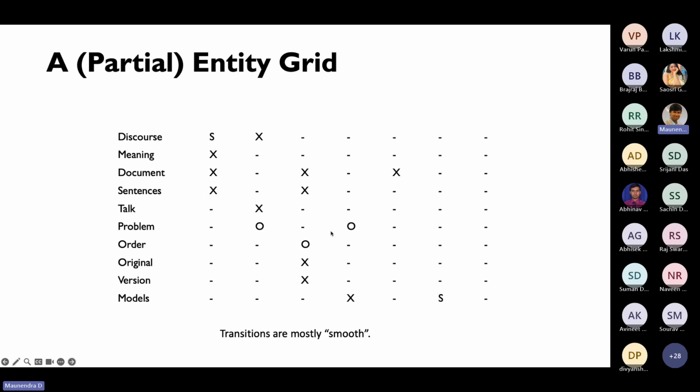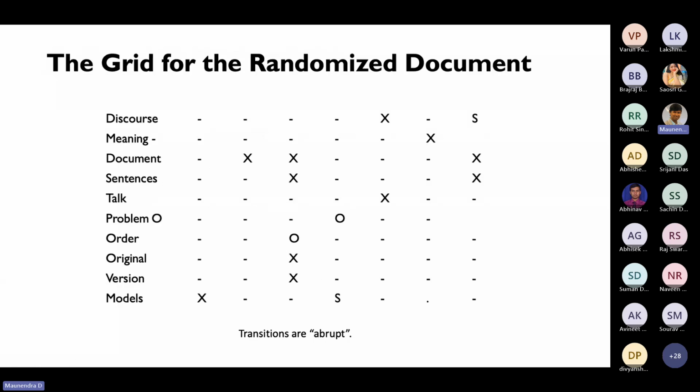Then if we look at the table, we see that the same word appears in nearby sentences. If it is mentioned and then not mentioned for a long time, it rarely comes back again. On the other hand, if we simply jumble the ordering of the sentences, we get a structure like this.